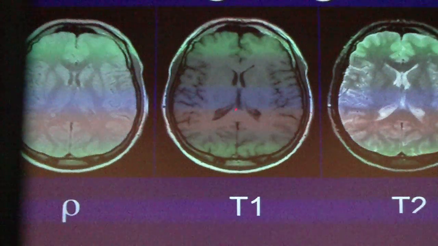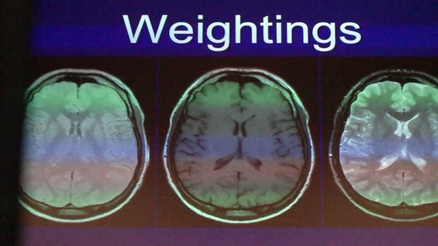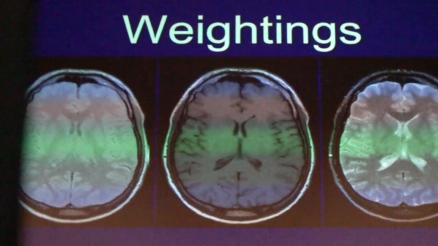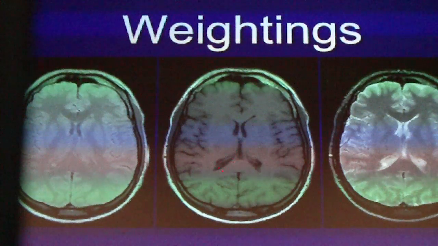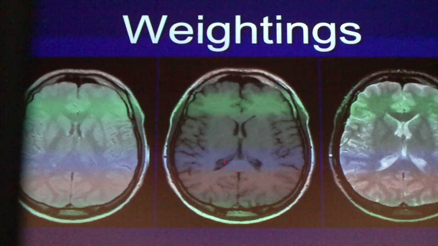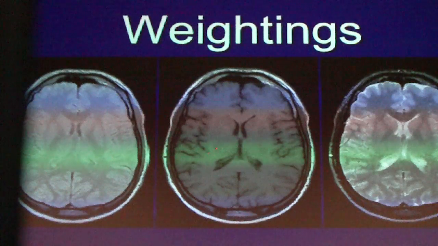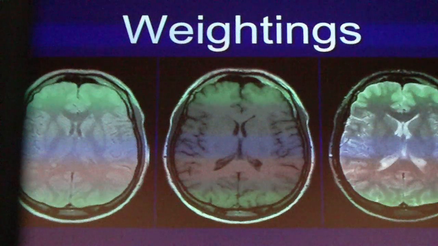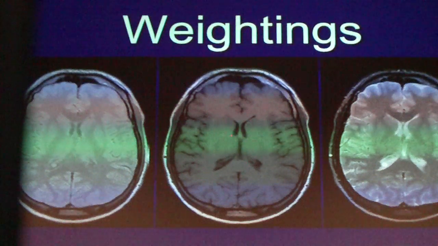We know that the relaxation time of CSF is long. So if we choose our repetition time short, it means that the CSF is not completely relaxed back to the equilibrium, right? So that's why we get little signal here. And the brain tissue is already relaxed back, at least to a bigger extent. That's why you get more signal here.